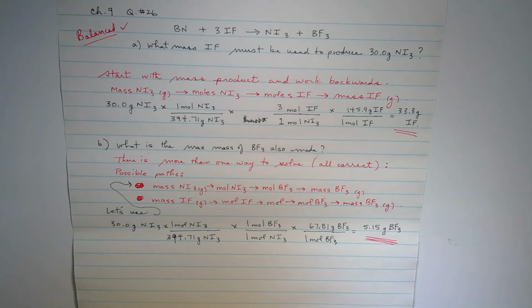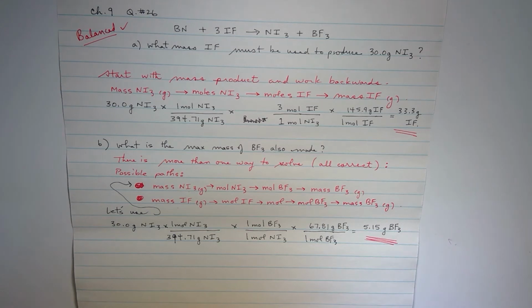So that's how that is done. The final answer, 33.3 grams, is in 3 significant figures as determined by the given 30.0. So again, 30 grams converted to moles using the molar mass of NI3, then converted to the corresponding moles of IF required to produce that much through the balanced equation, and then a mass.